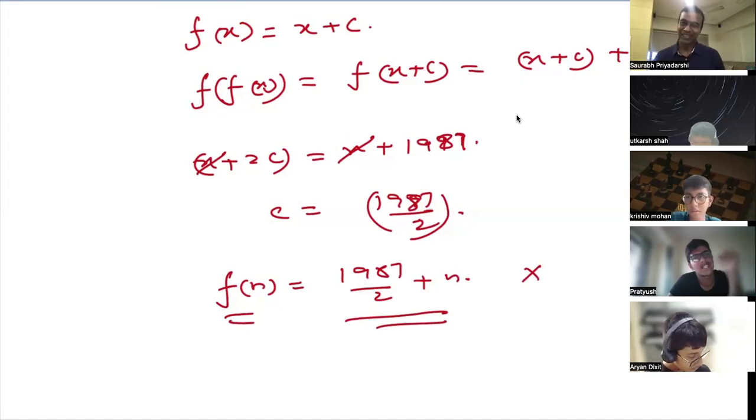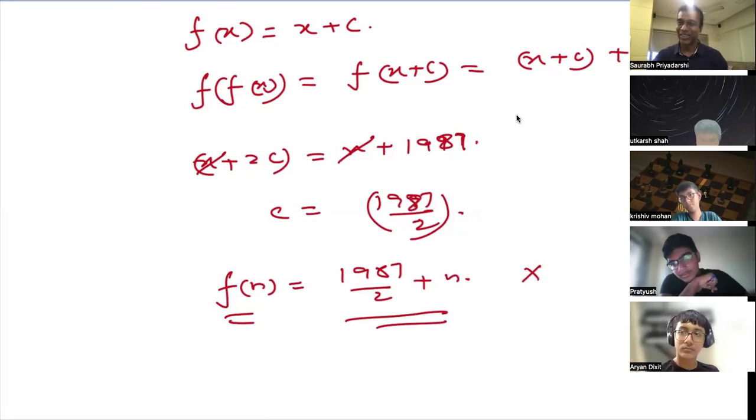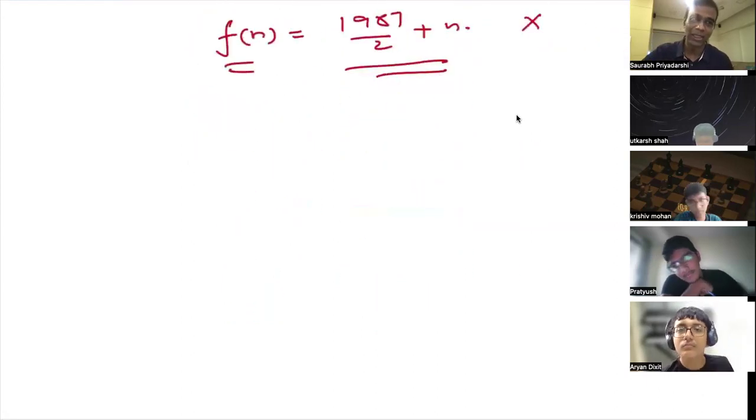There are no such functions possible. So only the number 1987 creates the magic. So start with the basics slowly, then we'll be able to create something.